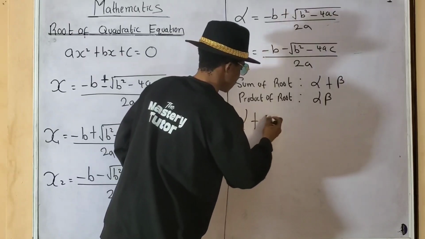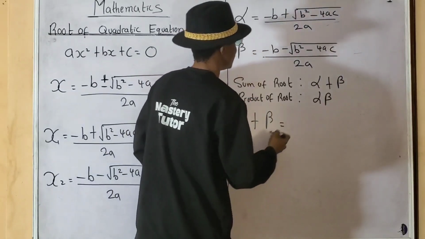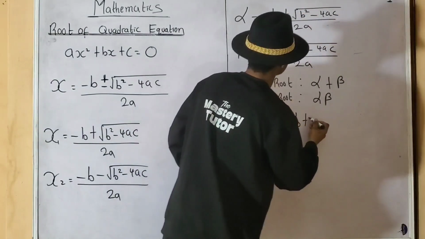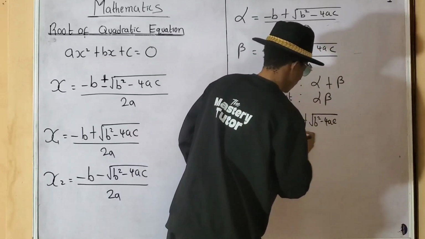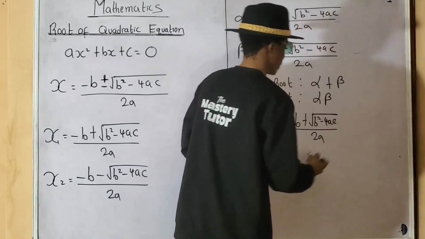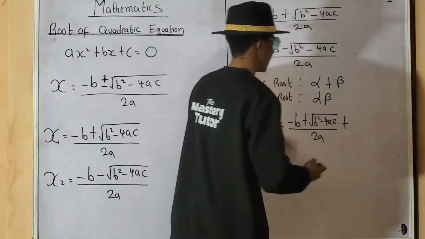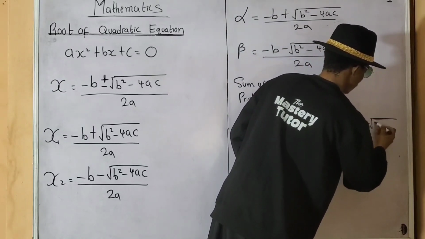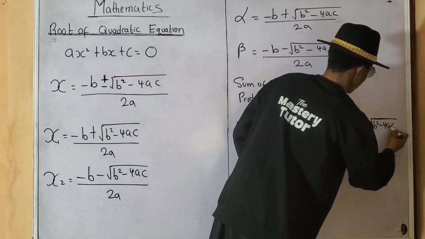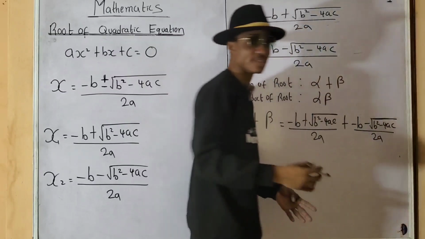Okay, so let us take the sum of this and this. Alpha plus beta will be equal to negative b plus the square root of b squared minus 4ac, all over 2a, plus beta, which is negative b minus the square root of b squared minus 4ac, all over 2a. Are you following?